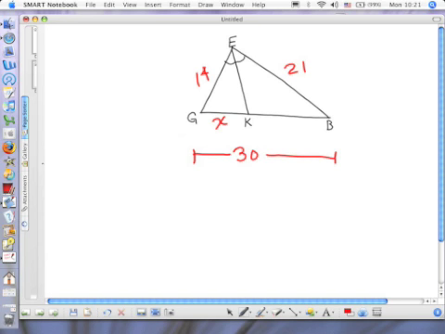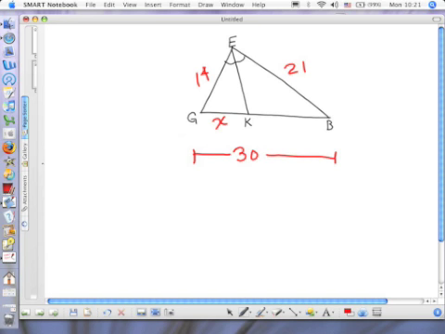I need to know how to write KB so that it's by itself. Can anybody tell me? Use your smart board. If this entire bottom is 30 units long, and this has a value of 10, how would you find the rest?